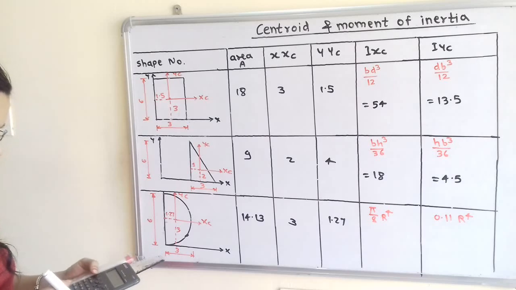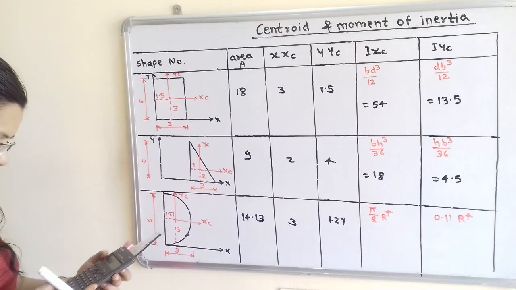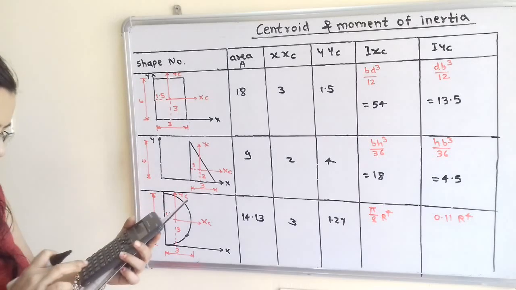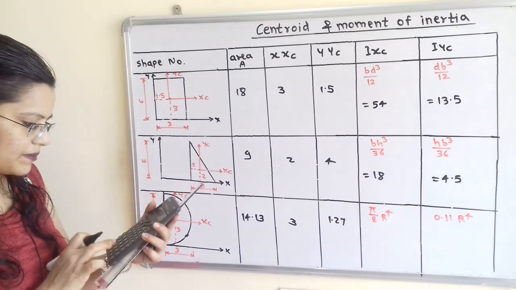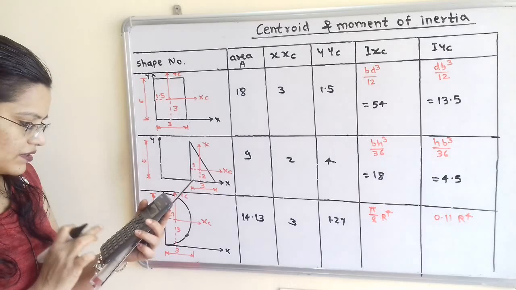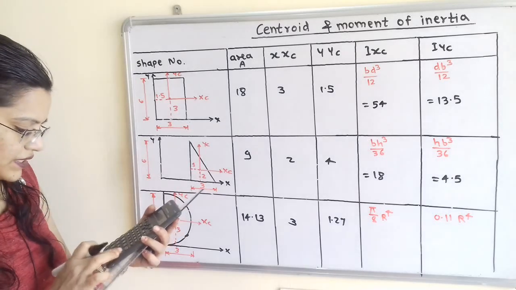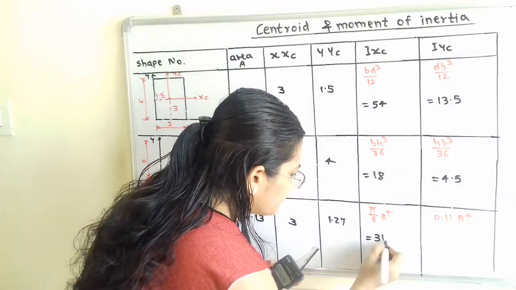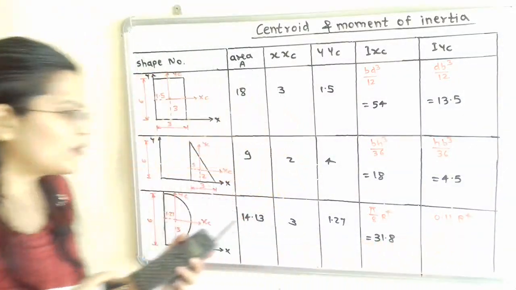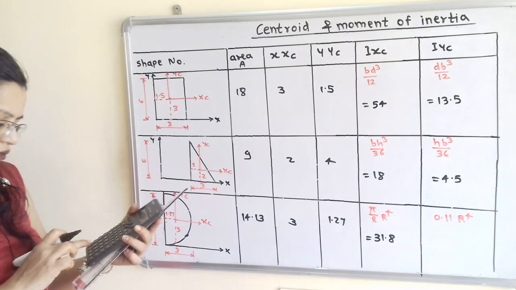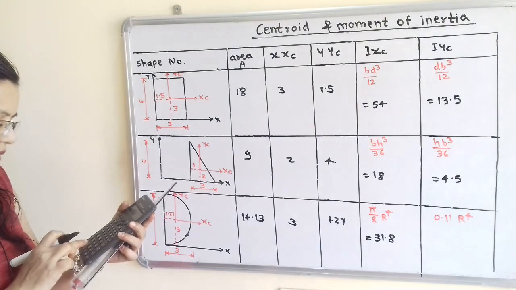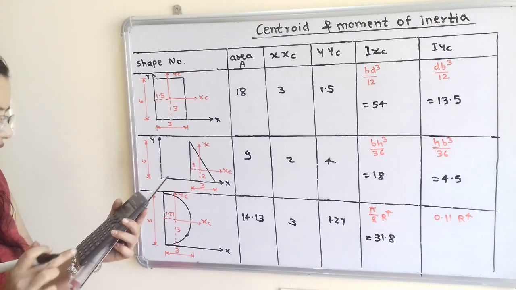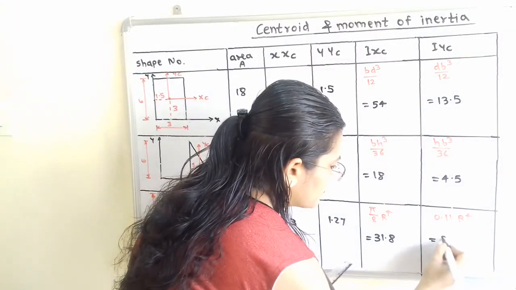So we first take pi multiplied by r raised to 4, where r is 3, so 3 to the power 4, times pi divided by 8, that is 31.80. And for Iyc, 0.11 r raised to 4, so 0.11 multiplied by 3 to the power 4, that is 8.91.